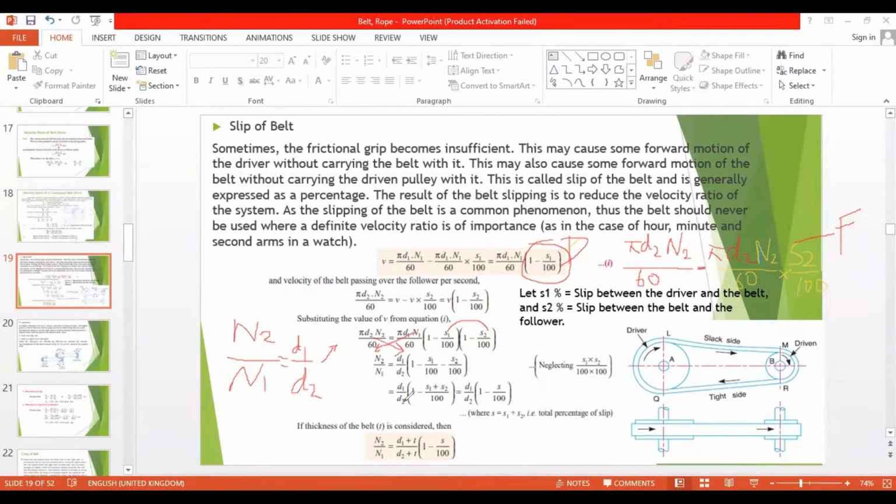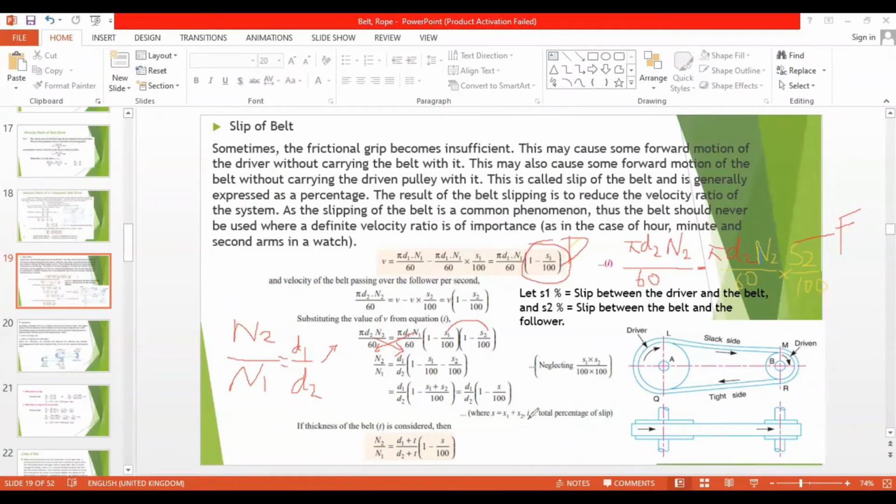This gives n2/n1 equal to d1/d2 × (1 − (S1 + S2)/100). I am taking the minus in common, and naming S1 plus S2 combined as S. So 1 minus S/100, where S equals S1 plus S2.